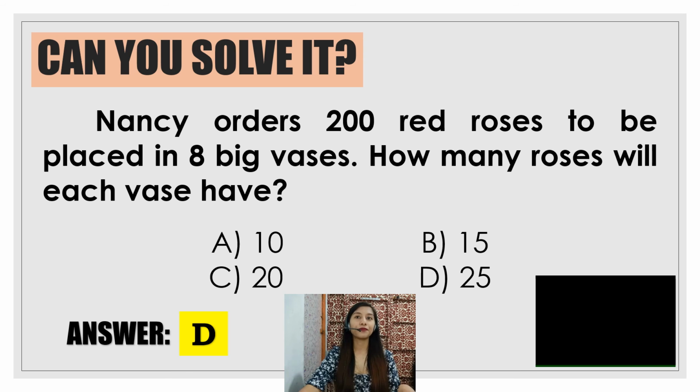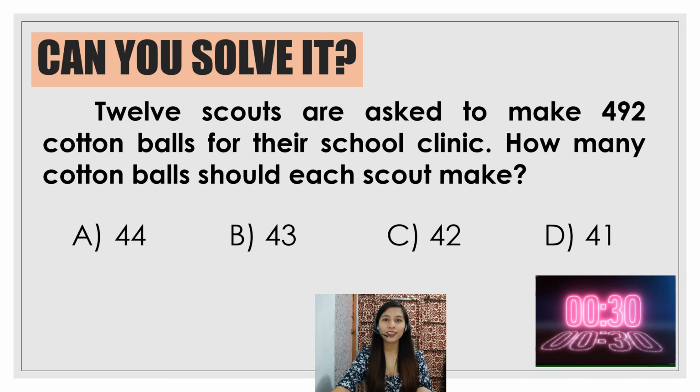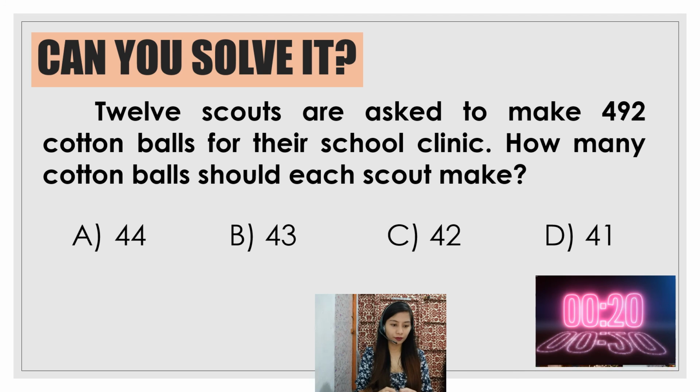Next. 12 scouts are asked to make 492 cotton balls for their school clinic. So how many cotton balls should each scout make? You have 30 seconds. T minus 30 seconds. T minus 20 seconds.